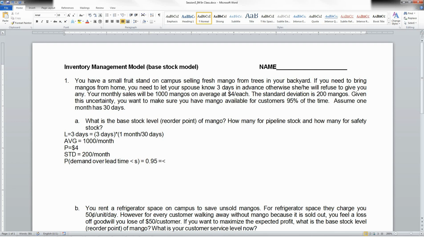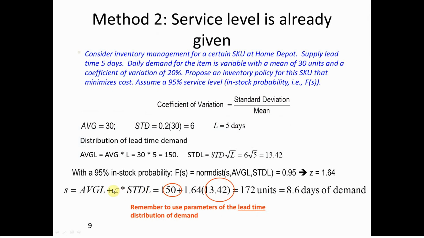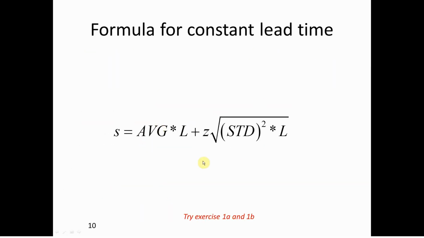So that's going to imply that z equals something, and then once you figure that out, you plug it into here and here with that z, and boom, you'll have the stock level that you need.